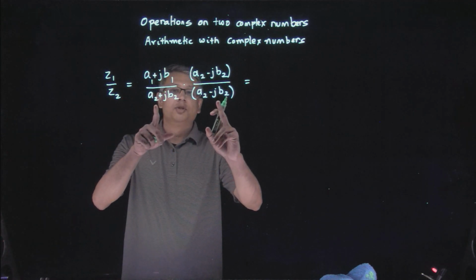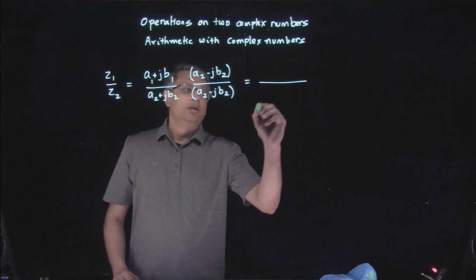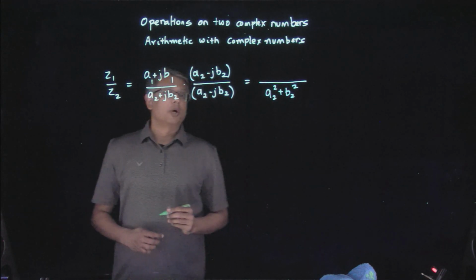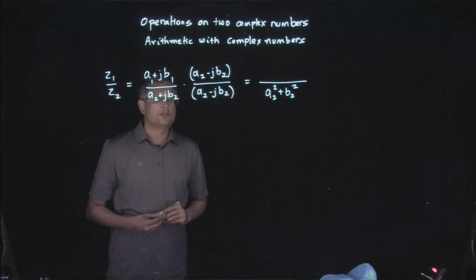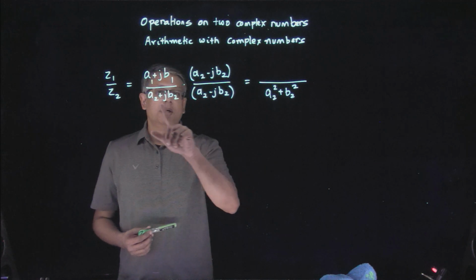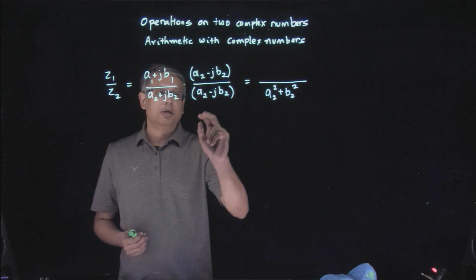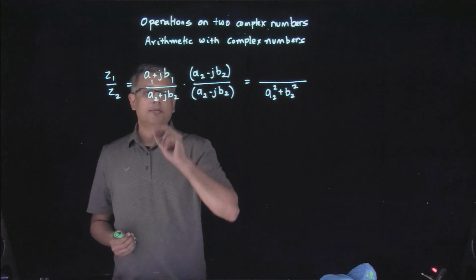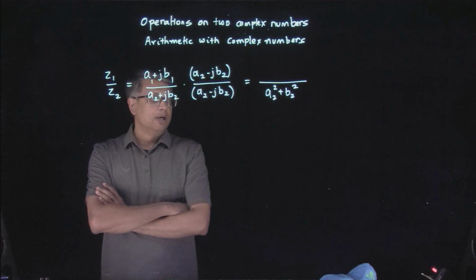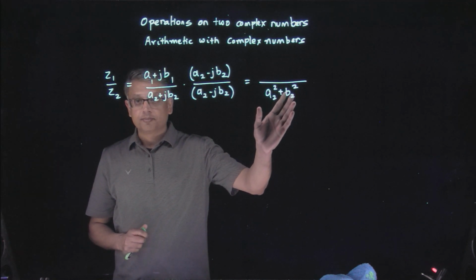The product of these two, if you multiply them out, becomes just the square of the magnitude of z2, or a2 squared plus b2 squared. Particularly, the imaginary terms cancel out. You get a j times b2 times a2 from here, and a negative j times b2 times a2 from there, so they cancel out, and you get a2 squared plus b2 squared. And the nice part is that this is strictly a real number.